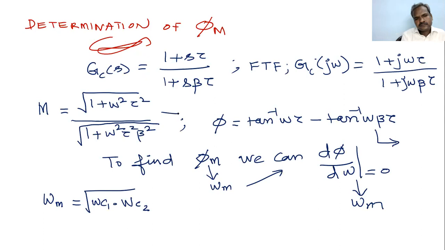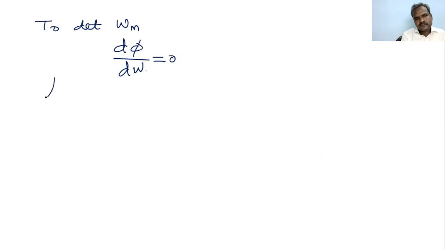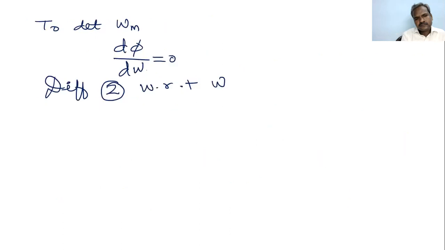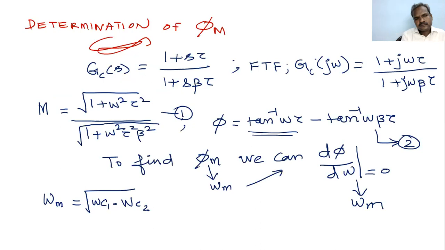Say this expression is 1, this expression is 2, let us consider equation 2 and differentiate it with respect to omega. The differential of tan inverse of omega tau equals tau divided by 1 plus omega square tau square, right? Understand or not?